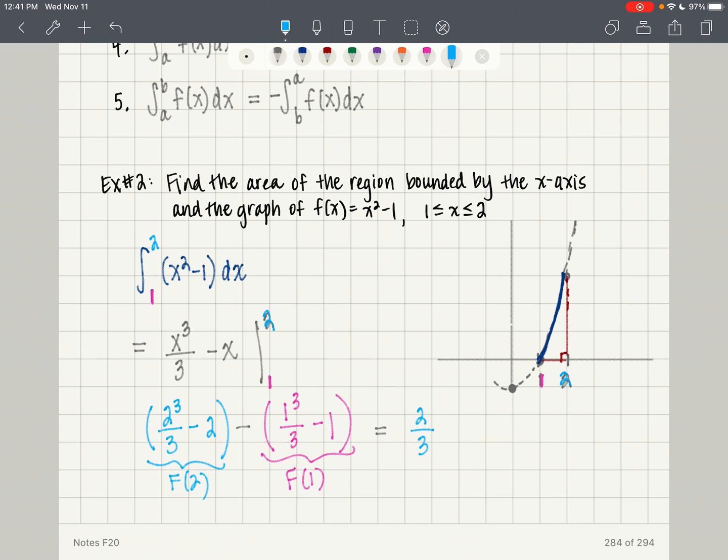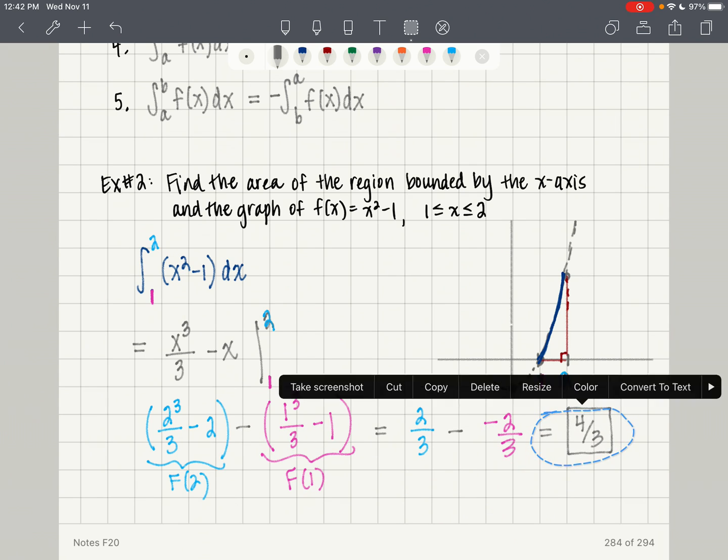The blue subtraction is 2/3 minus the pink subtraction, 1/3 minus 3/3 is negative 2/3, and 2/3 plus 2/3 is 4/3. And let me move this over here so that you can see.